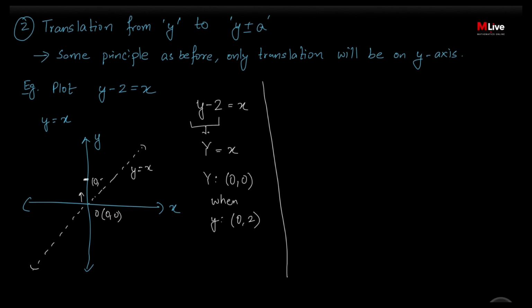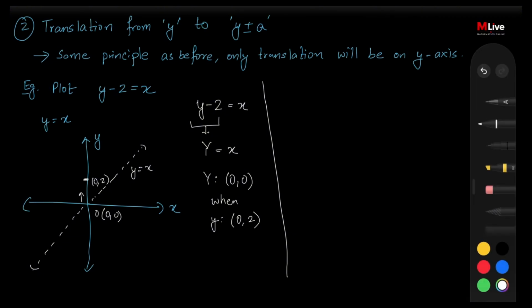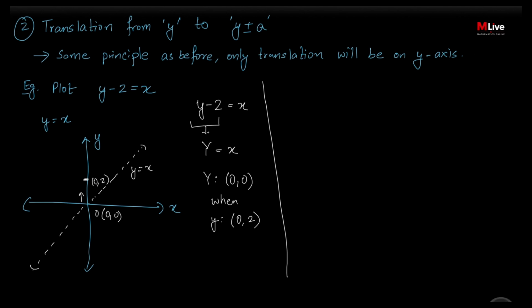When I say remain the same, that means it will still have a 45-degree angle with the x-axis and with the y-axis. The only change being the line now moves upwards along the y-axis, and now it passes through 0 comma 2 instead of 0 comma 0.